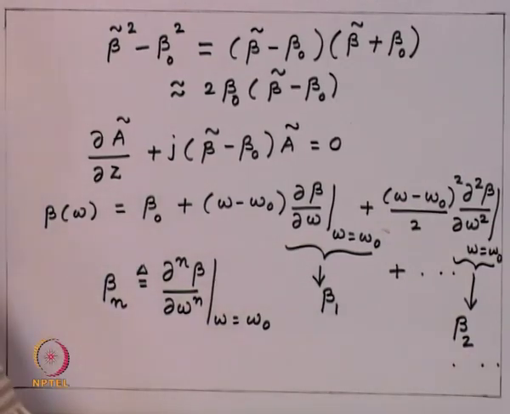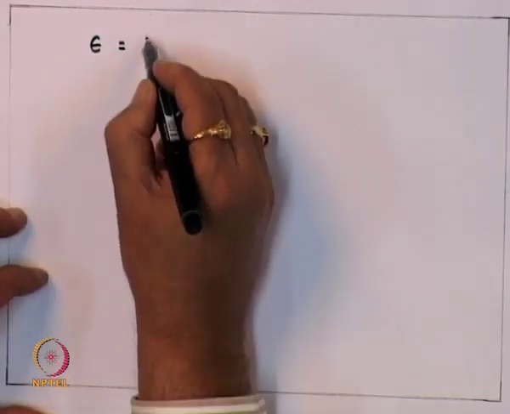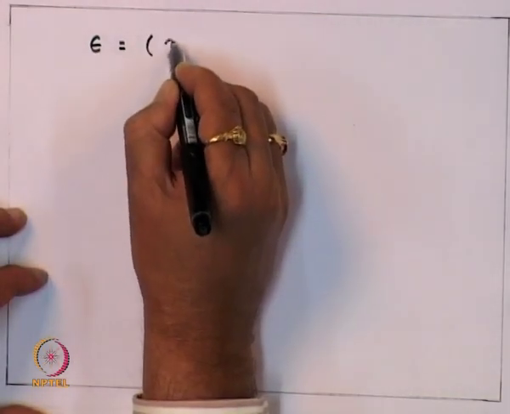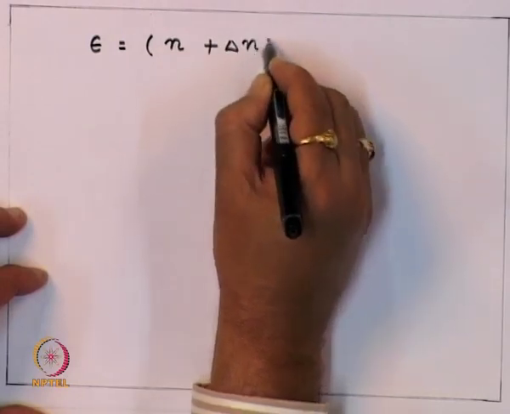Now, the dielectric constant of a medium, as we already said, has a linear and a non-linear component. So, the epsilon for the medium is given as n, which is a function of omega, plus delta n, whole square.